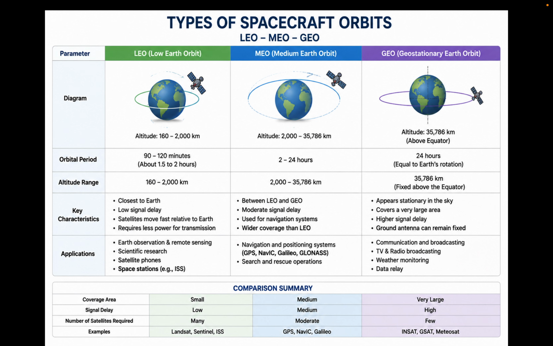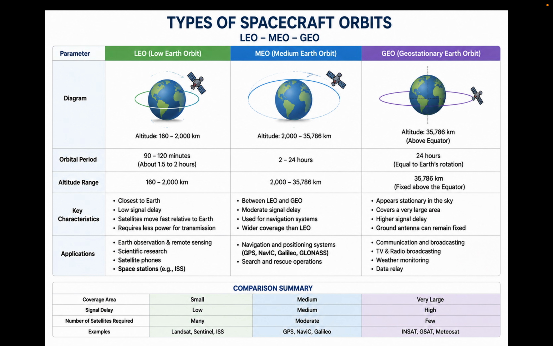The key characteristics of these satellites: they appear to be stationary in the sky always and cover a very large area. But as they are very far from the Earth's surface, signal delay will be more. And the ground antenna can remain fixed, because there is no need to change the position of the antenna; with respect to the antenna, the satellite will always be in a stationary position as it moves with the same speed as the Earth.